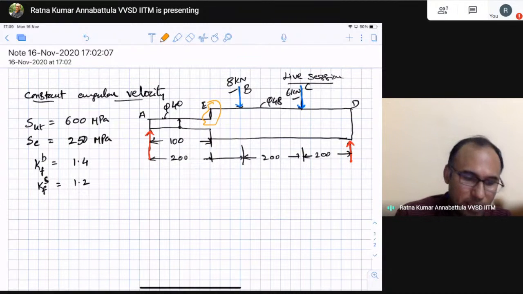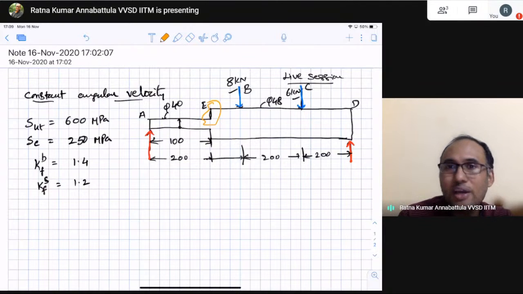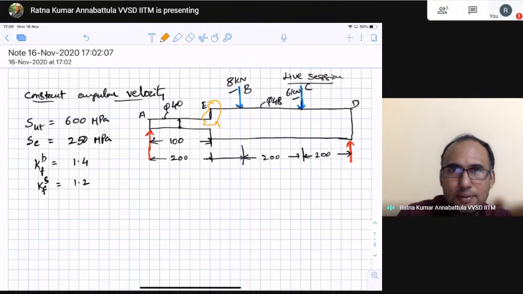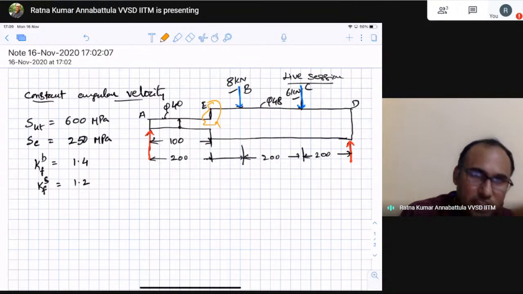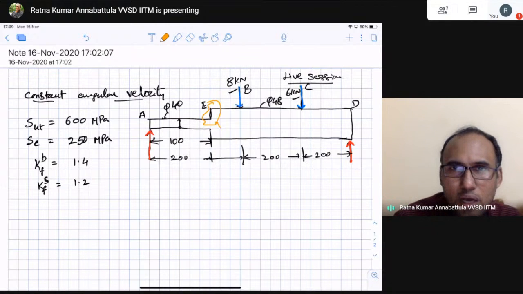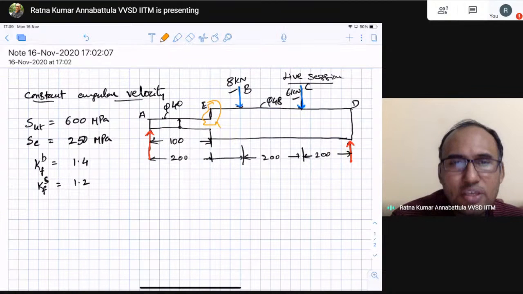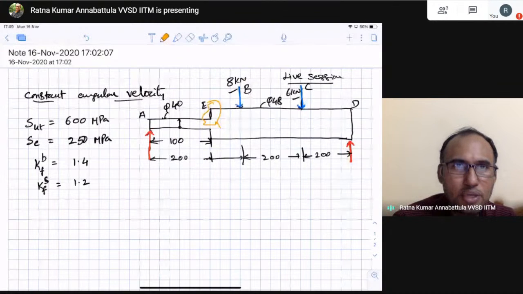Normally, in regular design problems, you will not be given these values, and you need to refer to tables to find them. But in this problem, it is given. And what is the factor of safety against loading for this system using the Goodman criterion? That is what we need to address.